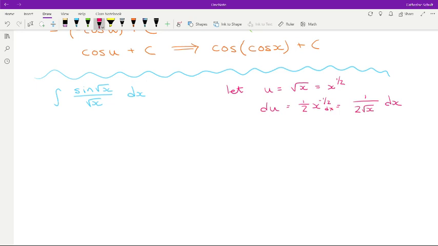I forgot to write the dx, that's in the middle part, but there you go. It's looking hopeful because we have a square root of x in the denominator. So to get it all by itself, what did you do? You multiplied by 2.